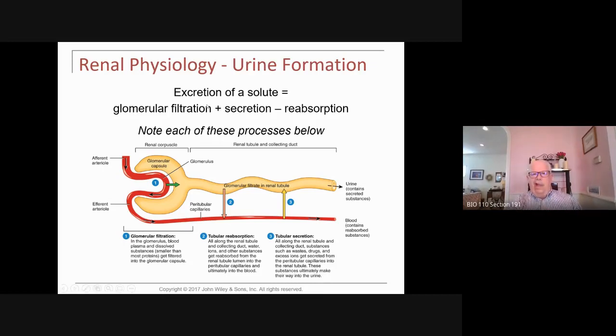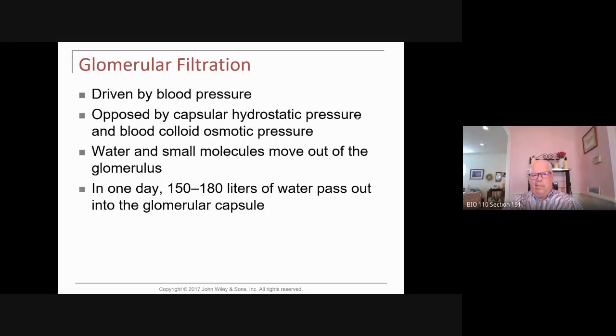So the formula is excretion of a solute is equal to glomerular filtration plus secretion minus reabsorption. That is what happens in your kidneys. That is what determines what goes out and what stays in the blood. Okay?